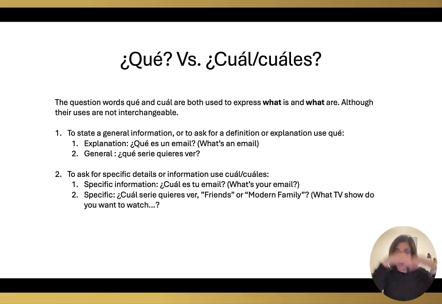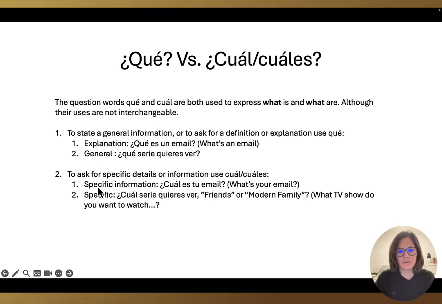Out of all of them, which one are you interested in watching? Okay? And that's when we use qué: when it's general, or to ask for an explanation. What is something?